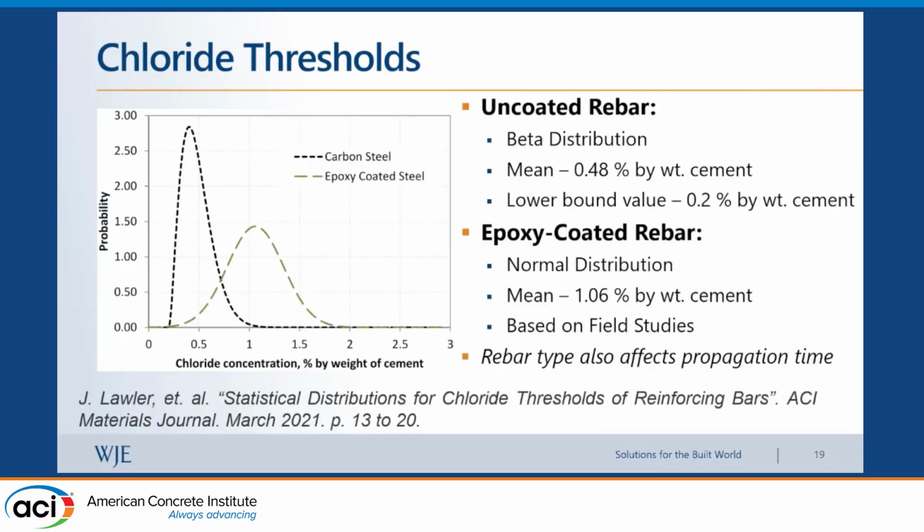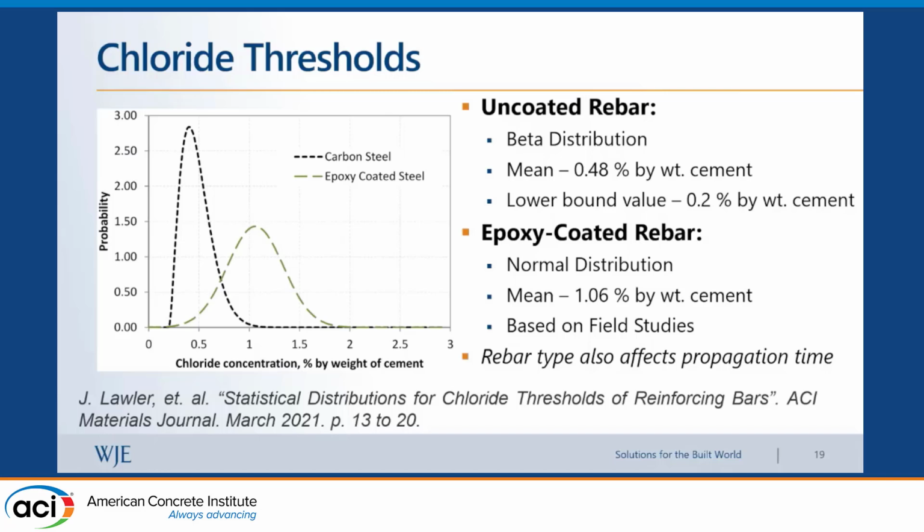So one of the important considerations is the chloride concentration, or the critical concentration that we consider for corrosion initiation. For those models, for the uncoated bars, we considered a beta distribution based on a literature review of different sources, with a mean value of 0.48% by weight of cement.